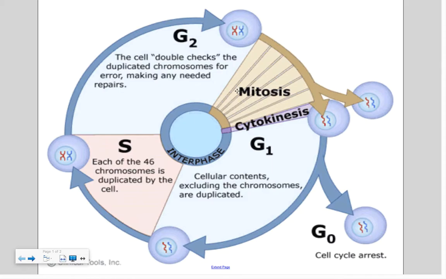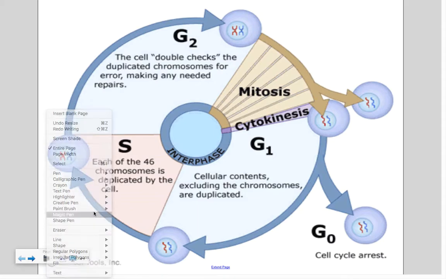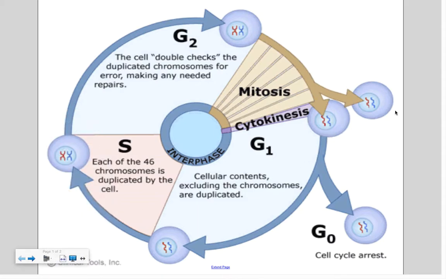So, if we start over here at the section where the cell has just divided, the cell has gone through the cell division called mitosis, and we have two brand new cells. They look identical, the same type of cell, with the same contents, and they will perform the same function. So this one is going off to do its own thing. We'll focus on the life cycle of this new cell right here.